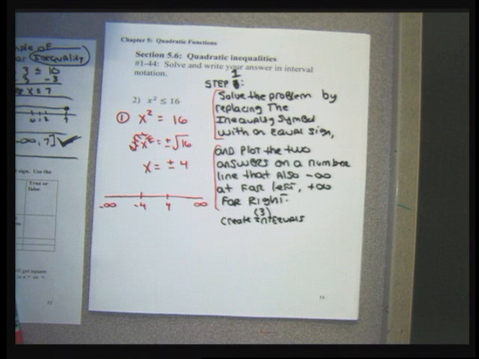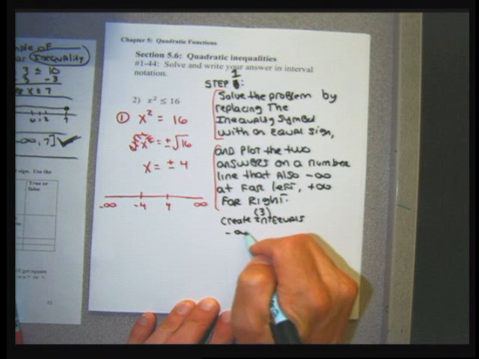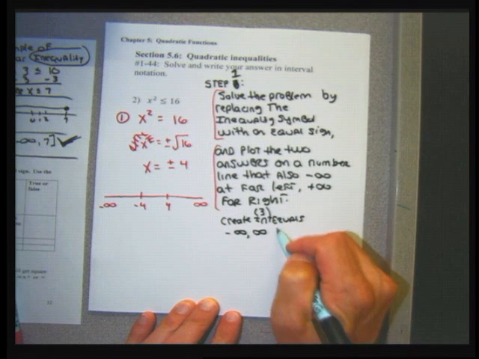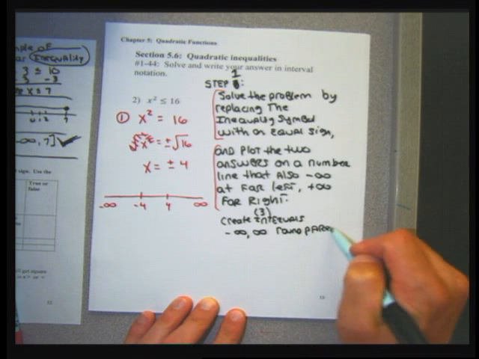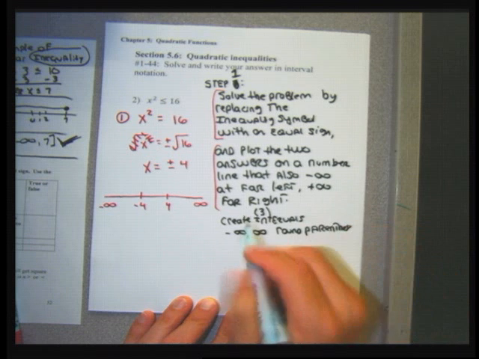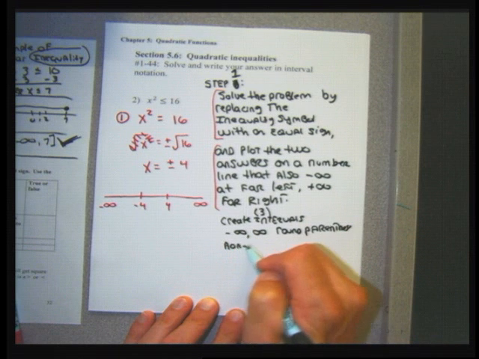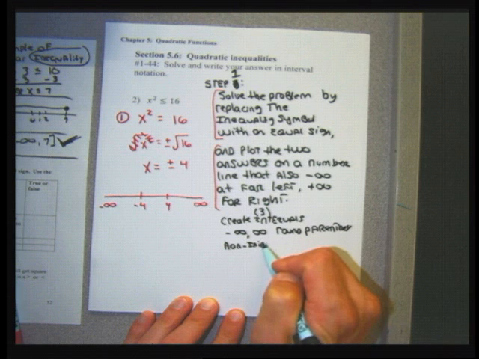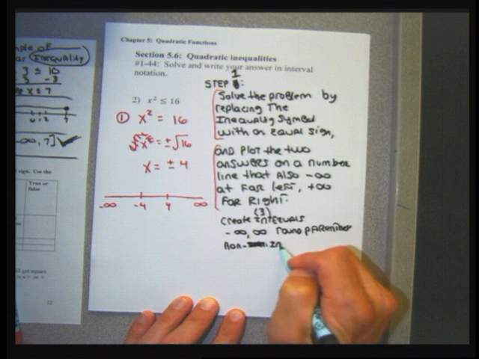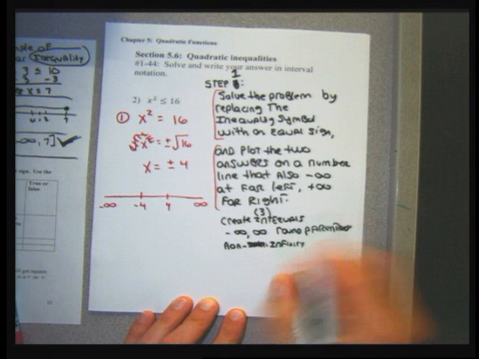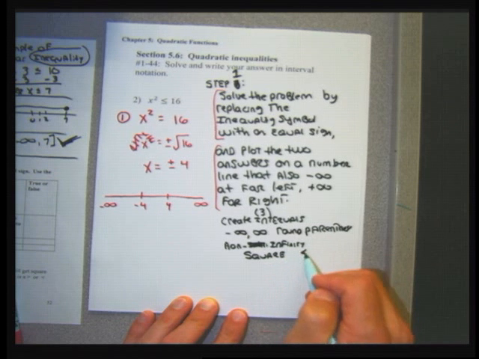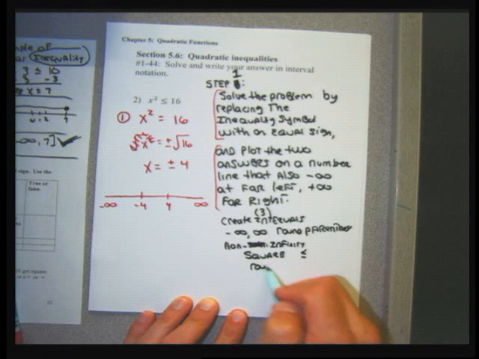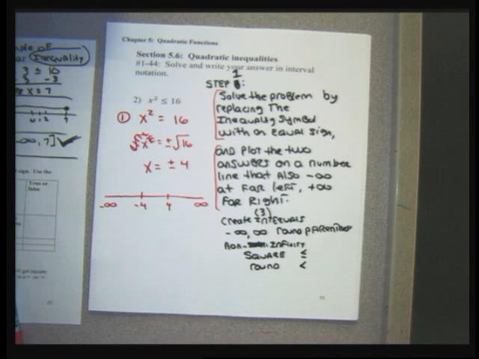So I'm going to create 3 intervals, and the negative and positive infinities will always get round parentheses. And the non-infinities get a square bracket if the problem has a less than or equal to, and a round parenthesis if the problem has a less than. So now I'm going to finish this little step.